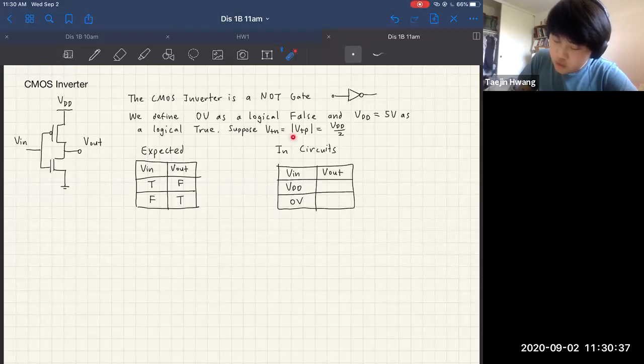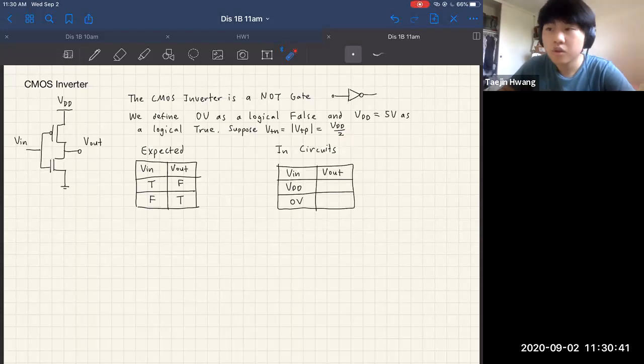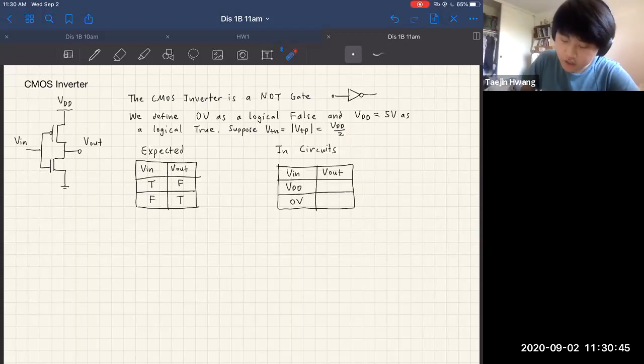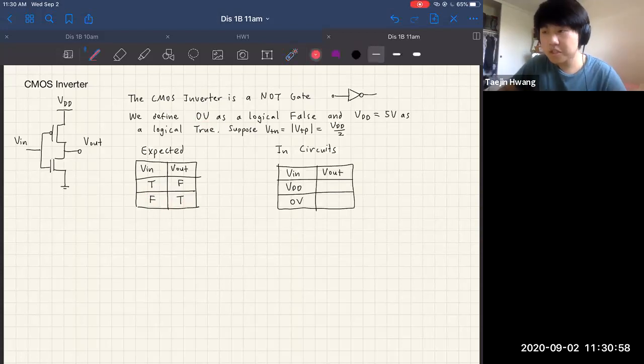We're going to assume that the threshold potential of these two transistors is equal to VDD over 2. As we said earlier, the expected behavior is that if we input a true, 5 volts or VDD, we expect V out to be false, or 0 volts, and vice versa. We'll spend some time talking about why this is the case and how we actually do this transistor analysis.